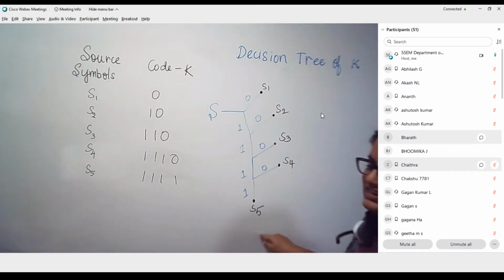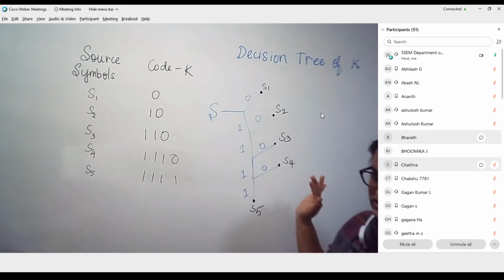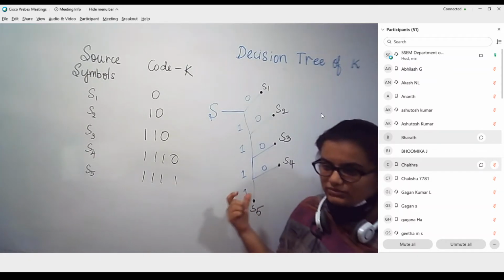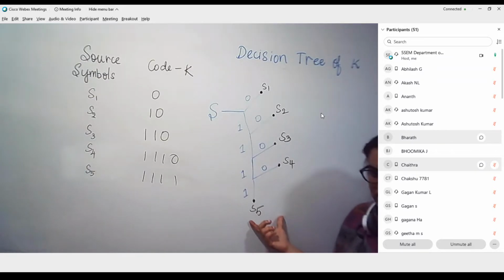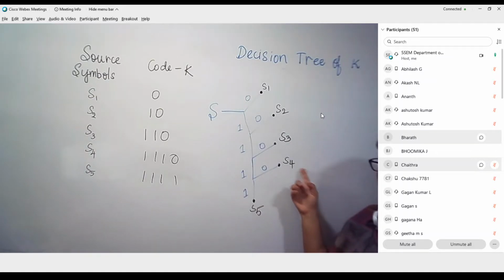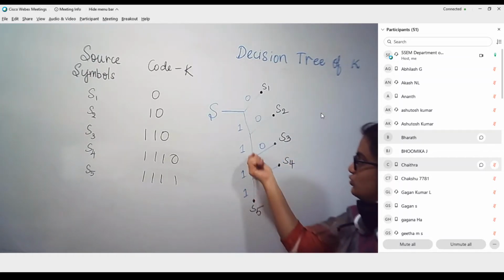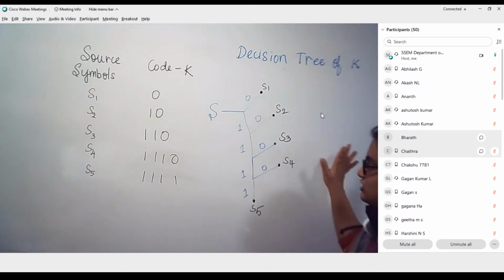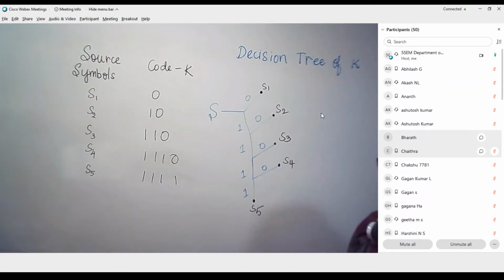Whenever they give you a decision tree, they may not give you the table. If all the symbols are present at the tip of the branch of the decision tree and they are not present at the nodes of the decision tree, then such a code will always be instantaneous.